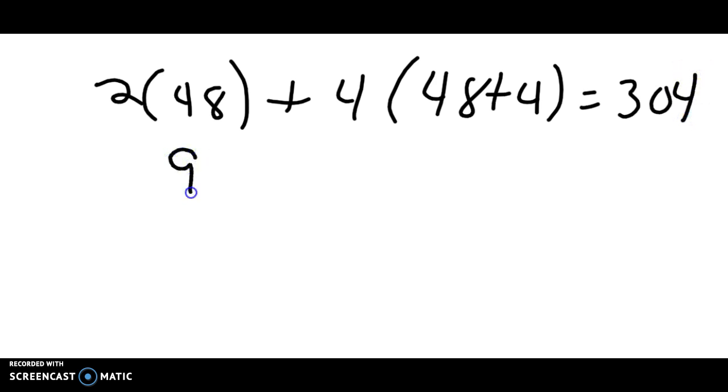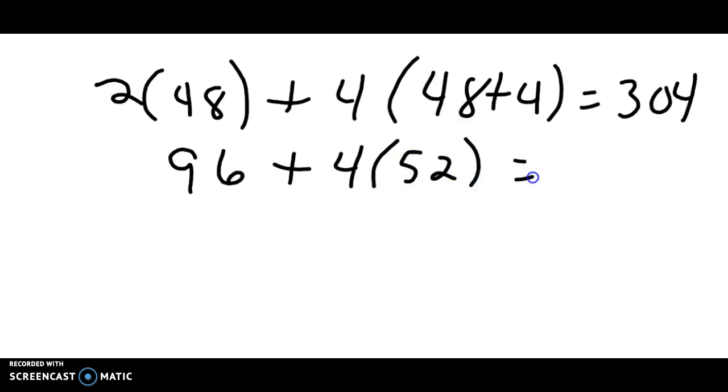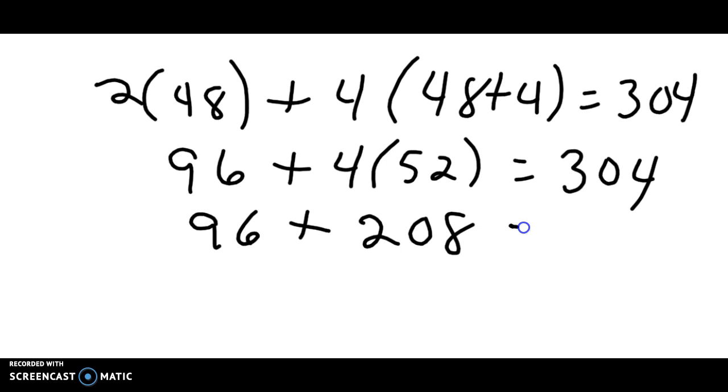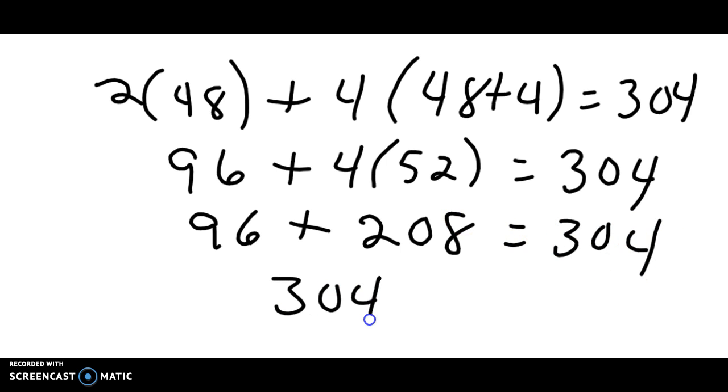So now we have 96 plus 4 times 52 equals 304. So 96 plus 208 is supposed to equal 304. 304 equals 304, so we checked it.